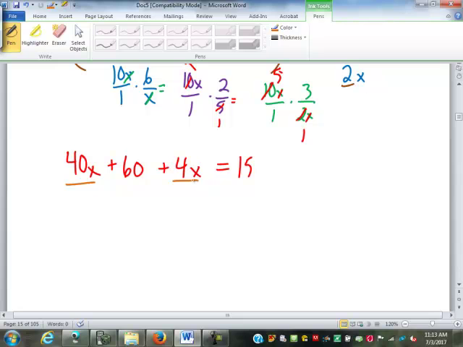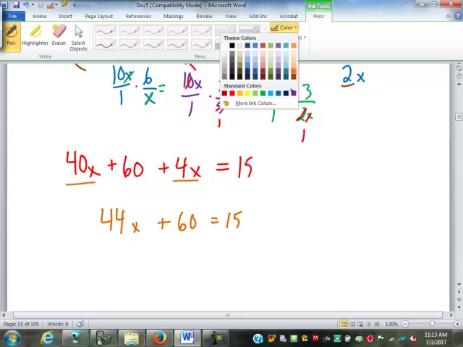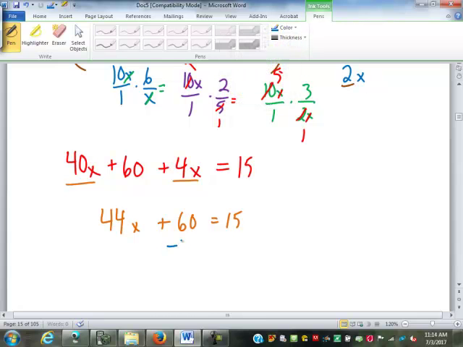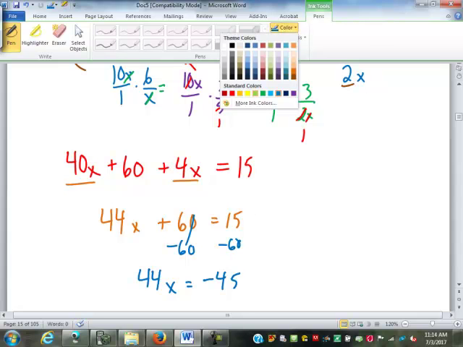Perfect. We combine the 40x and the 4x to get 44x. We still have the positive 60. That's 15. And then subtract 60. 44x equals negative 45.